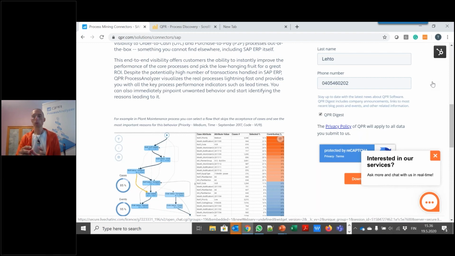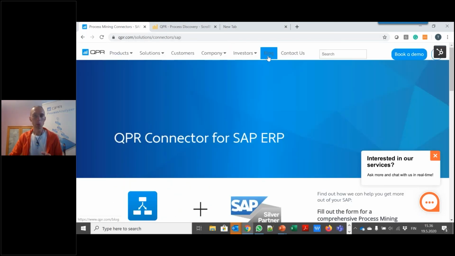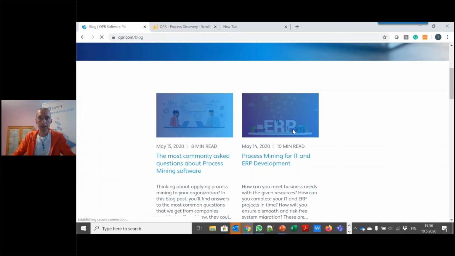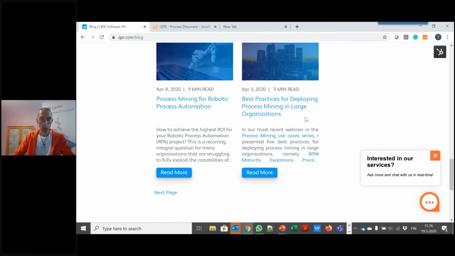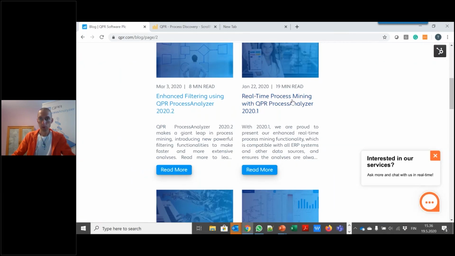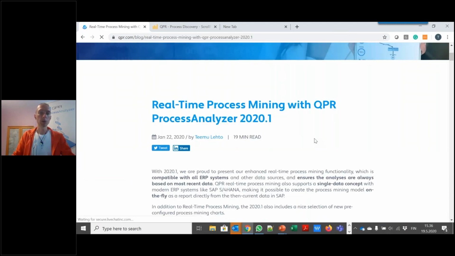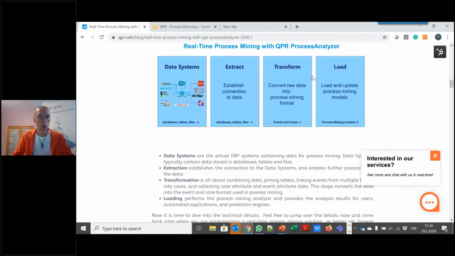So you extract multiple different tables, and then from those tables you construct the process model, and that has been discussed in a little bit more detail in the real-time process mining with process analyzer blog article, where we discuss how to extract, make the connection, how to transform the raw data from those tables into a process model, and then how to load that model.